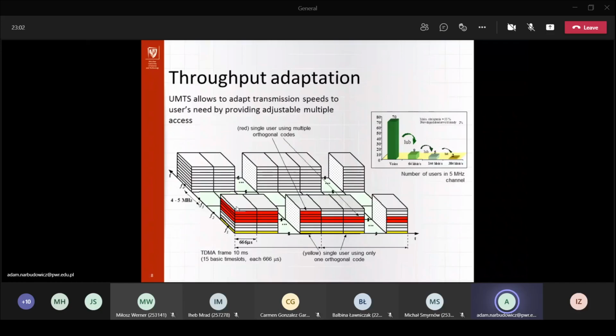Okay, so basically using CDMA, by itself, it does not really bring much of the improvement because you're still using the same resources.